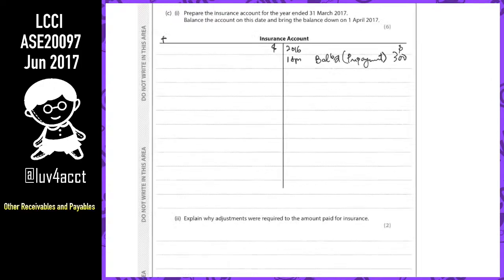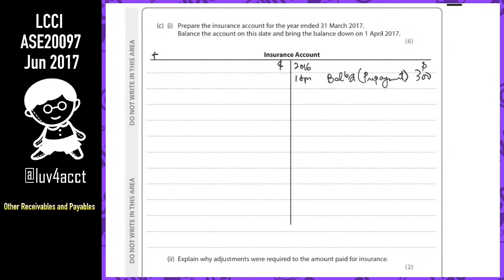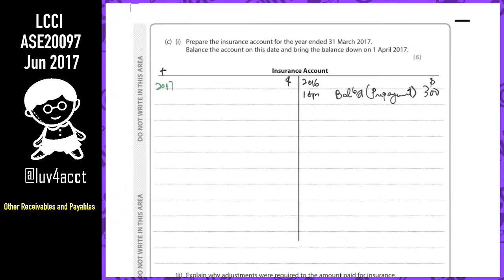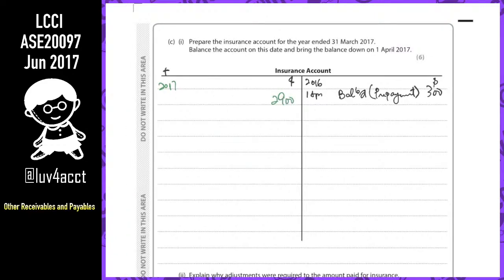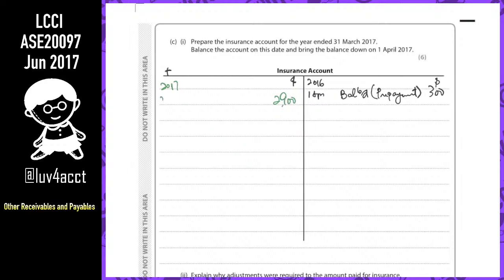How many months prepaid? 200 adjustment. So let us go here. So we have made a payment of 2900 in total. 31st March, and then at the end of the year there is a balance of 200 here, balance brought down.